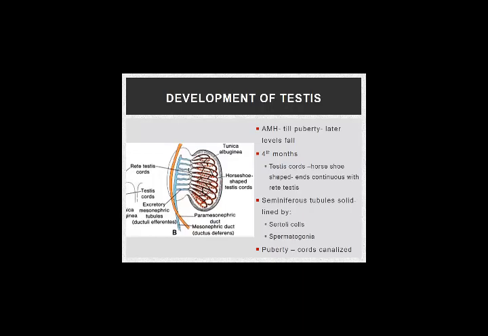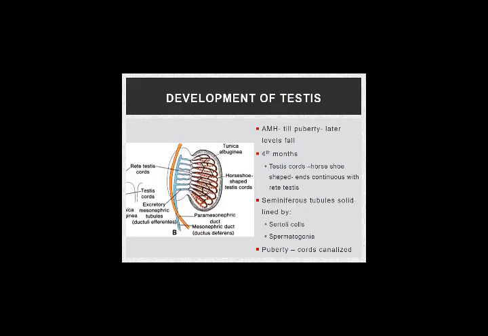Okay? Now these cords of the testes, these developing cords, then develop into seminiferous tubules. If you remember, you had quite a large number of seminiferous tubules, 1 to 4 in every lobule of the testes. Now these seminiferous tubules are solid.